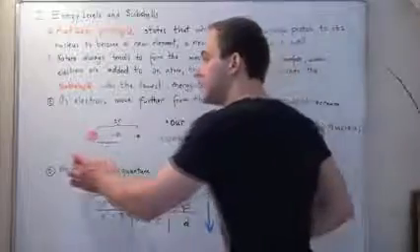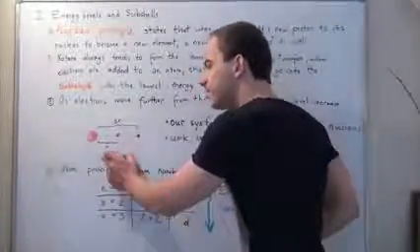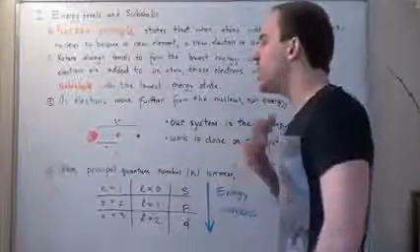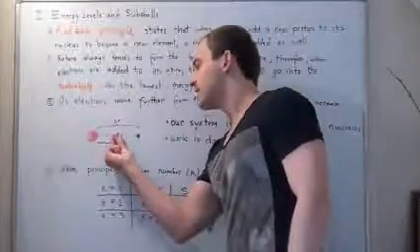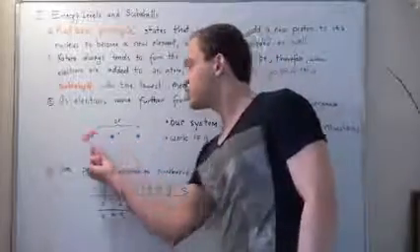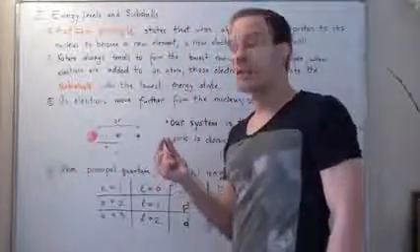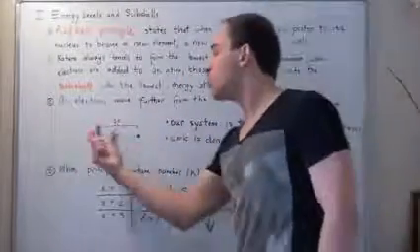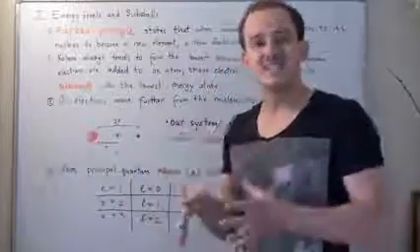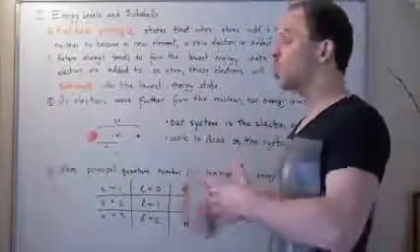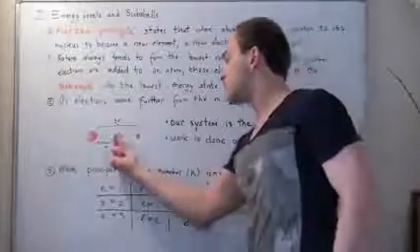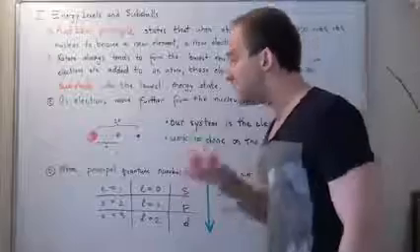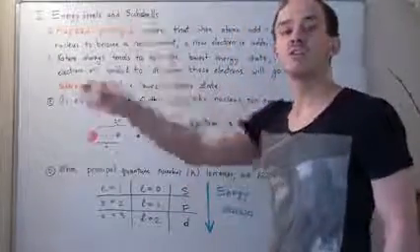Well, remember, if this is a positive force and this is a negative force, these are attracting. They want to come close. So in order for me to move this electron from a distance r to a distance 2r from our nucleus, I have to do work on that electron. If we consider our proton and our electron a system, that means I have to do work on my system to move this electron farther away.